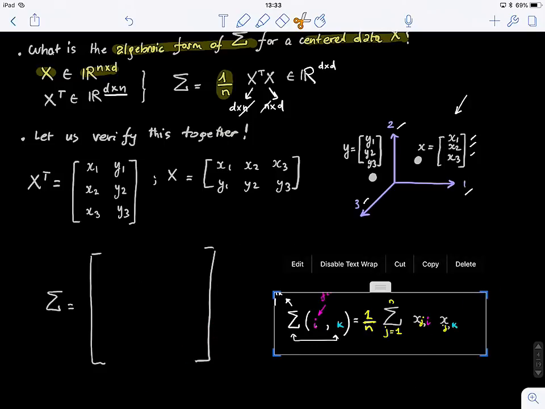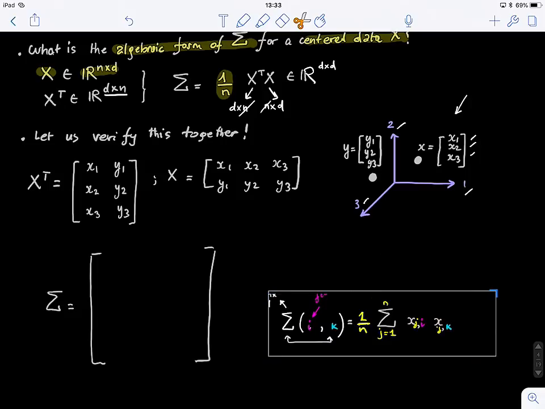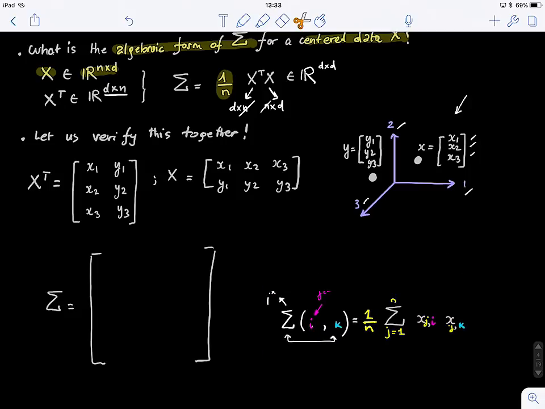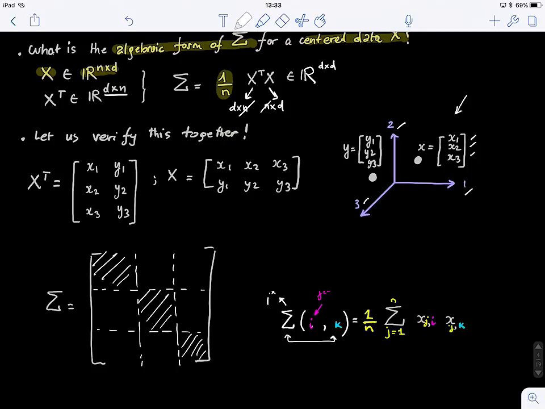It should be exactly the same. Remember, this is a 3 by 3. And along the diagonal, what do we have? We have the variances of each feature, right? This is the variance of feature 1, variance of feature 2, and variance of feature 3.